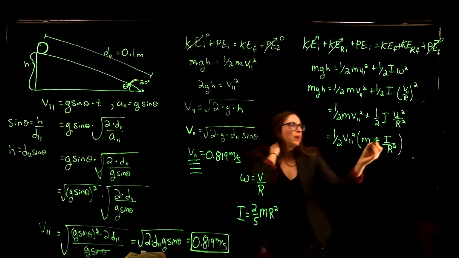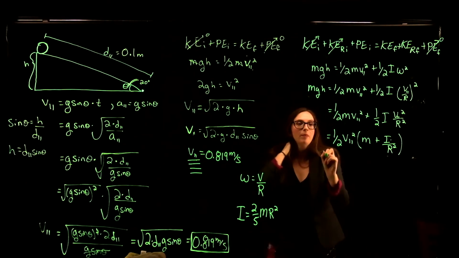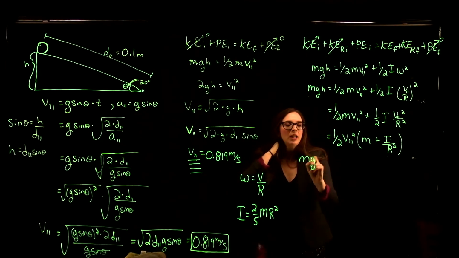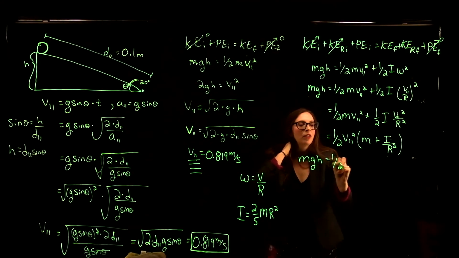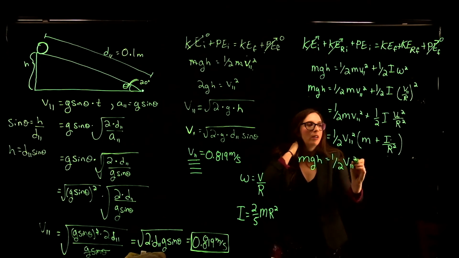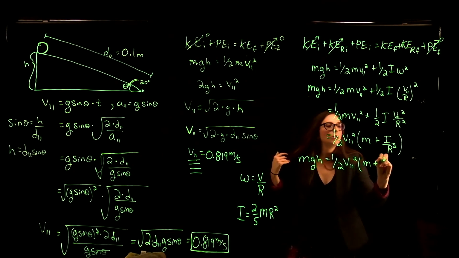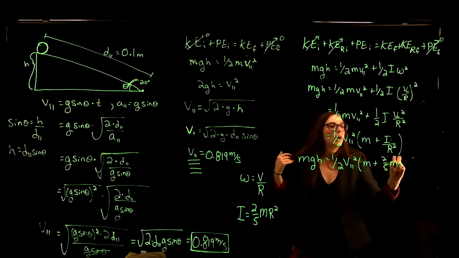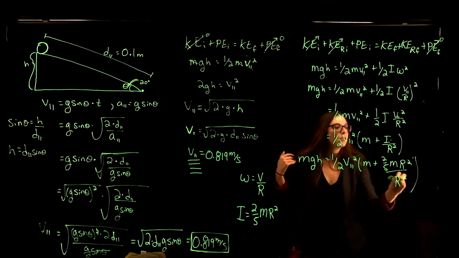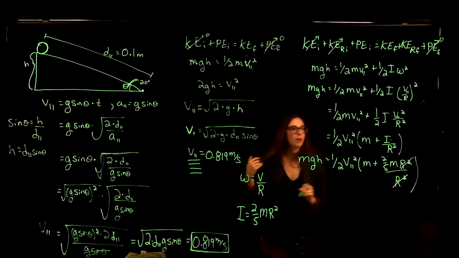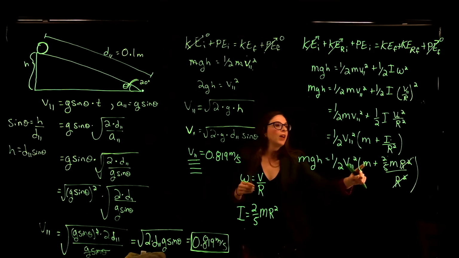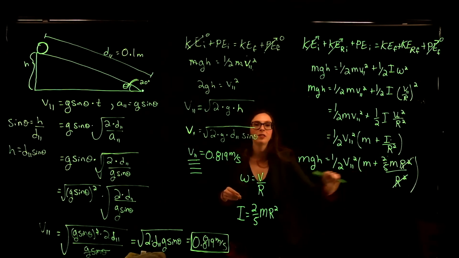All right, so let's plug in what we have for our moment of inertia. So we've got mgh equals 1/2 v parallel squared times mass plus 2/5 mr squared over r squared. Okay, so our radius cancels on top and bottom. So in here, we've got m plus 2/5 m.